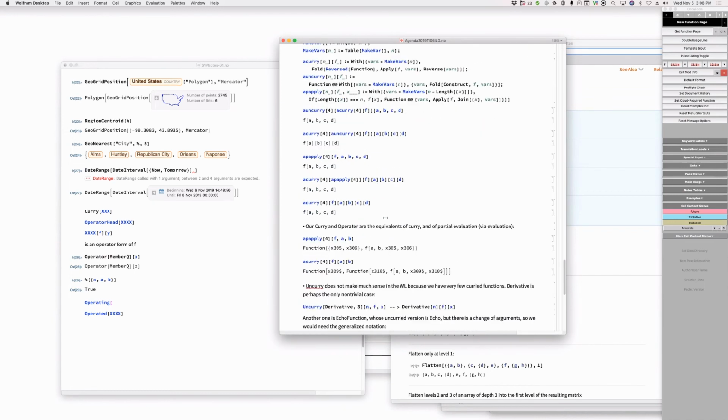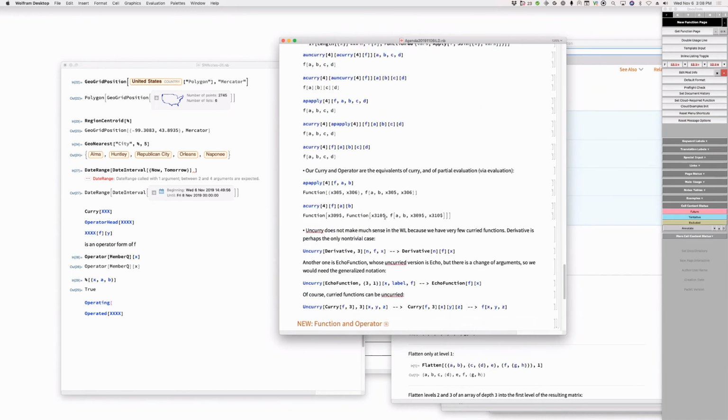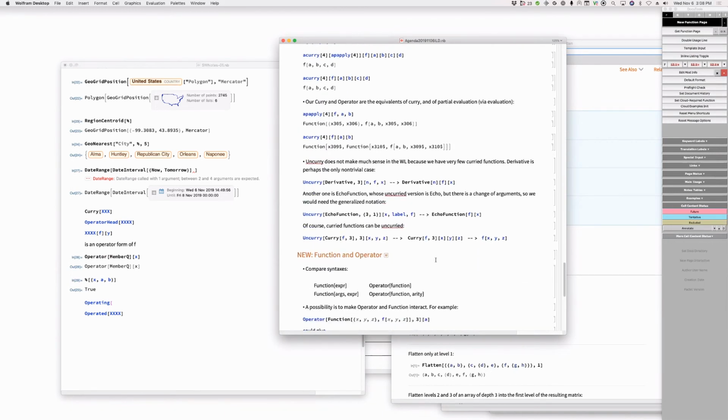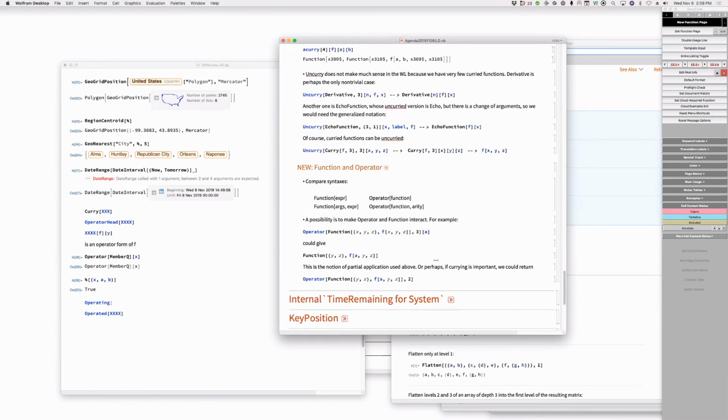I see. Uncurry makes no sense. So I was trying to find a parallelism between those two important sounding words, function and operator.